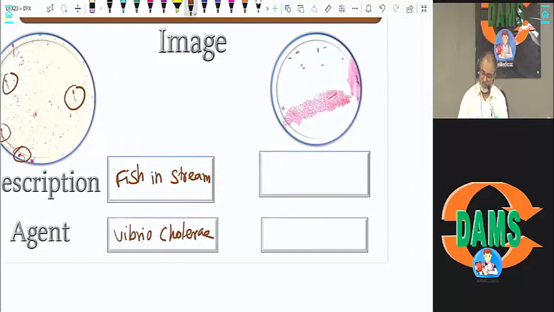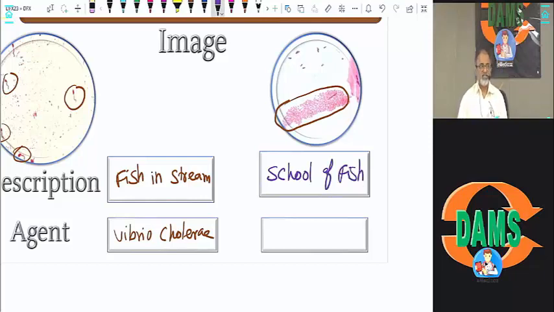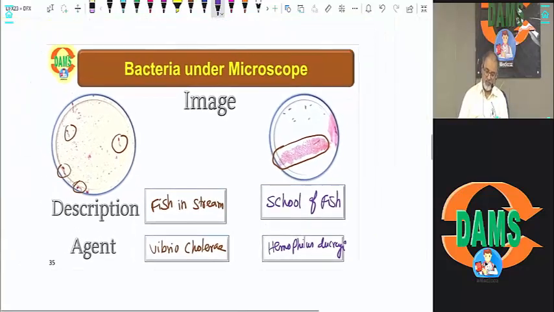See here, they are like school children going one by one. School of fish appearance: Haemophilus ducreyi. Fish in stream is Vibrio cholerae.